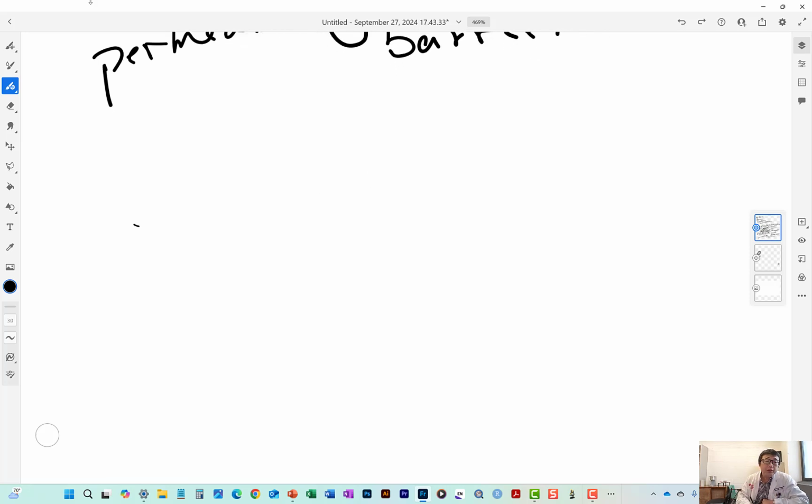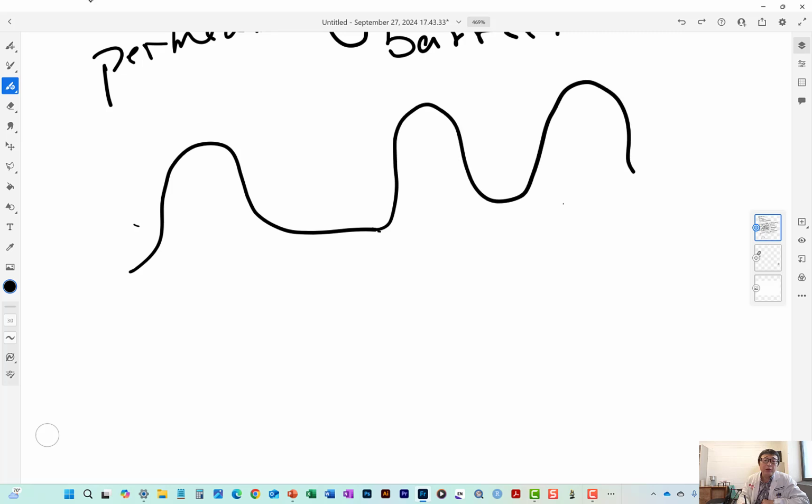So this is about the epidermis. Beneath the epidermis, there's a dermis, and the dermis itself can be divided into two layers. Between the dermis and epidermis, this is not a flat layer. It's kind of a wave.